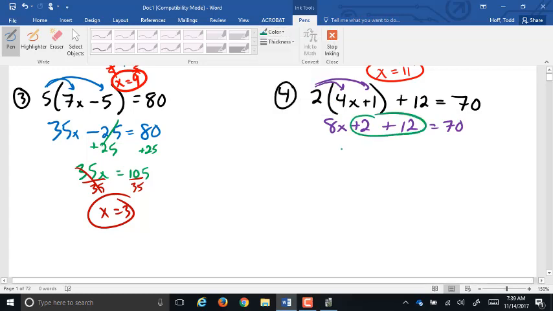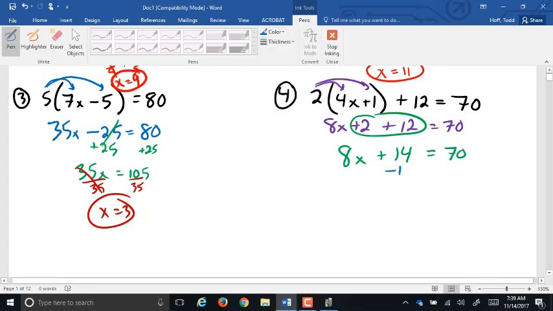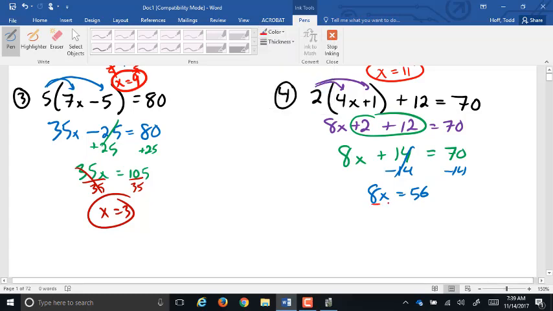Combining the positive 2 and positive 12, which will make, perfect, 8x plus 14 equals 70. And then subtract 14, 8x equals 56. And then divide by 8, x equals 7.